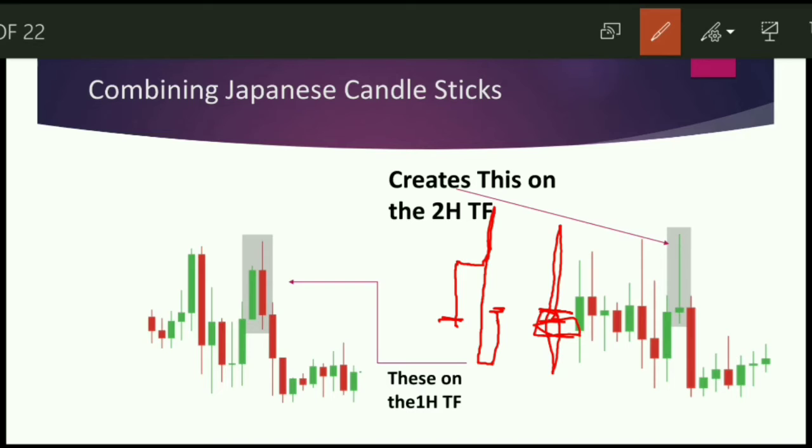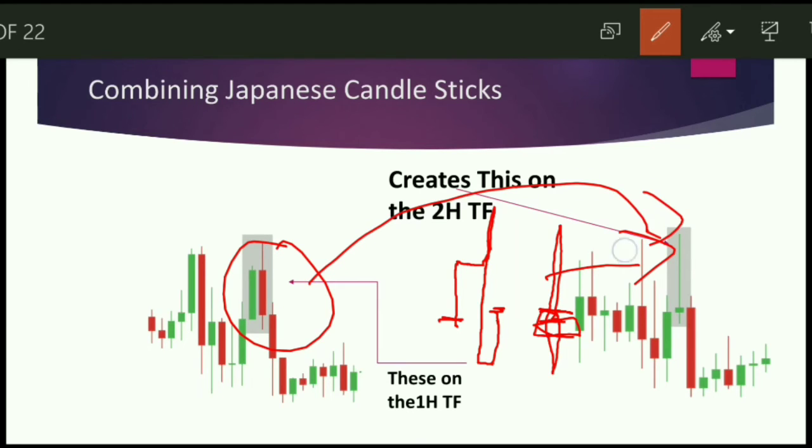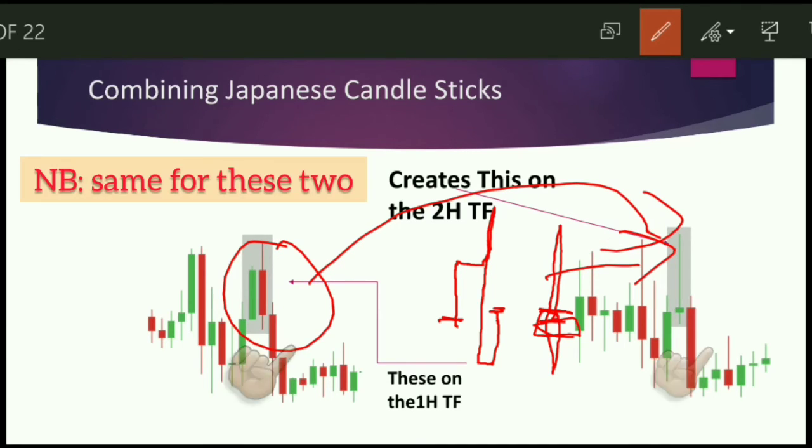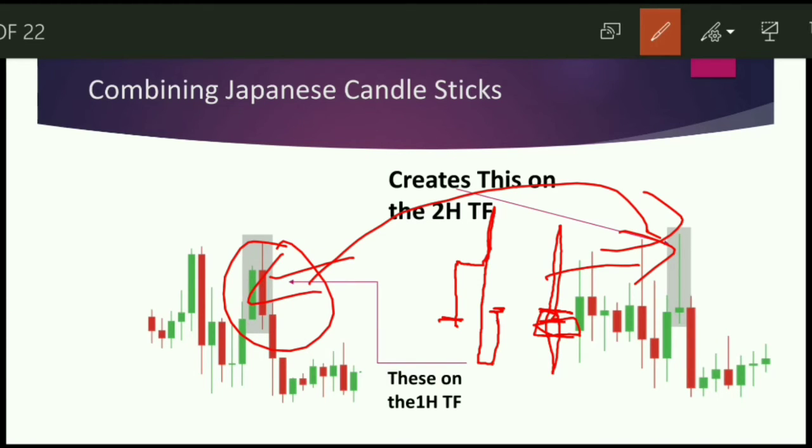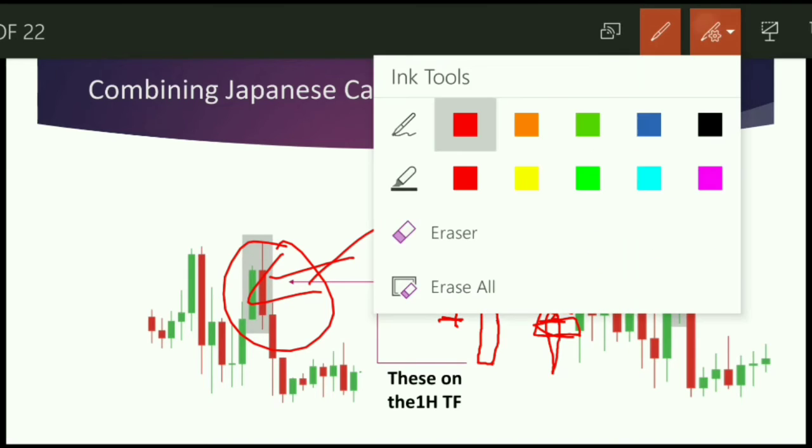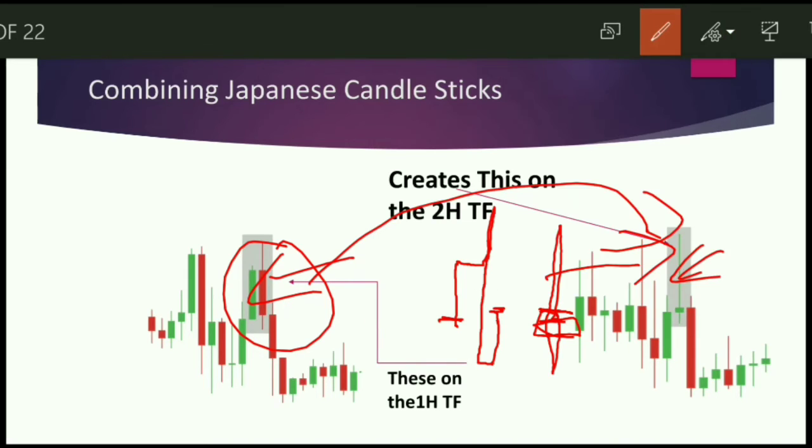So really and truly, this candlestick is equivalent to this on the 2 hour time frame, because the psychology of the market is that price wants to go down. There's a lot more sellers in the market than there are buyers at this point, which is why you have the bearish candle here. And having that bearish candle, it shows and signifies that price wants to go down.